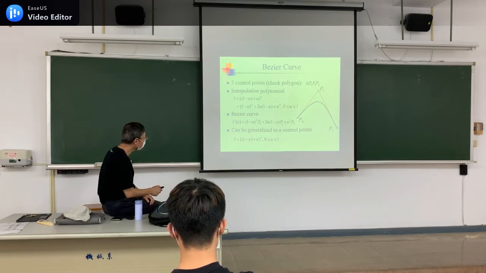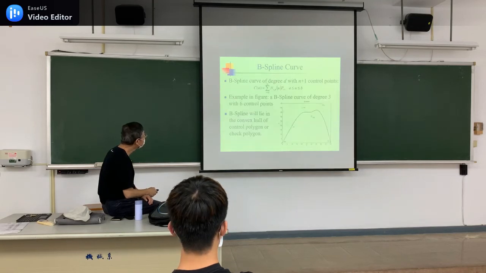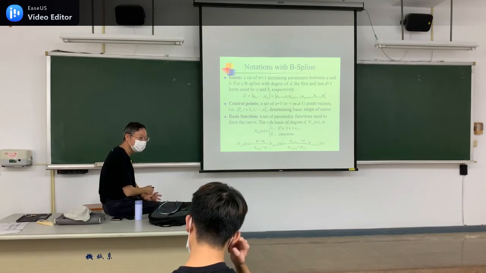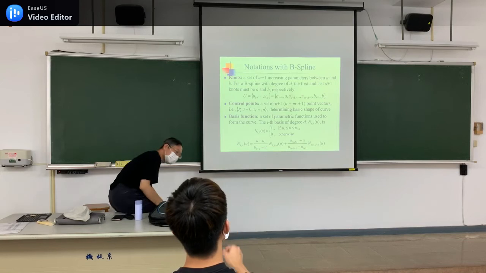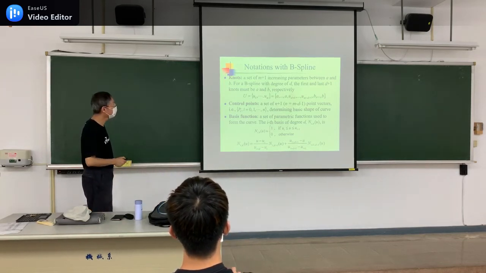This is A, this is B. So the parameter is between A and B. Here it is 0 to 1. Usually we will take A to be 0, B to be 1, but not necessarily. You can have other choices. It's determined by you.